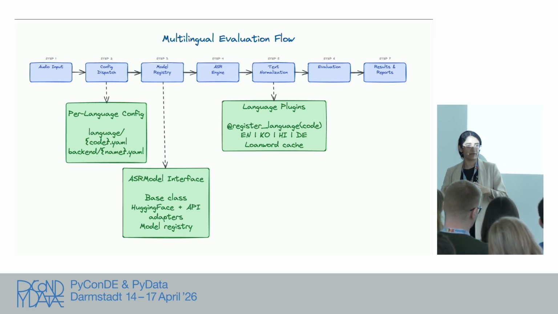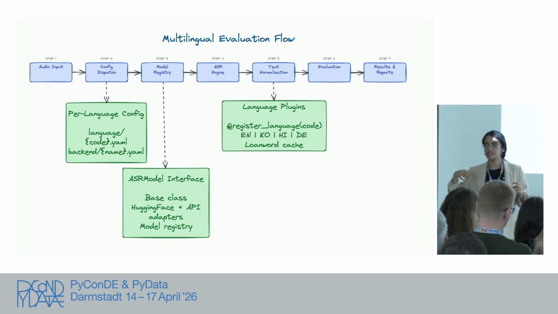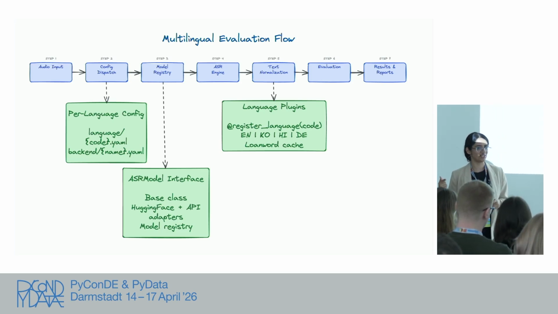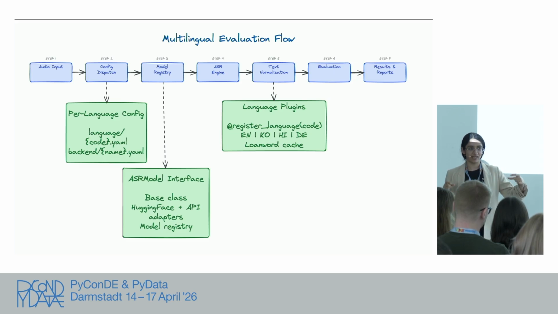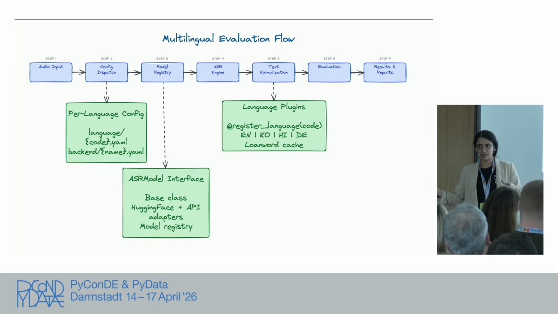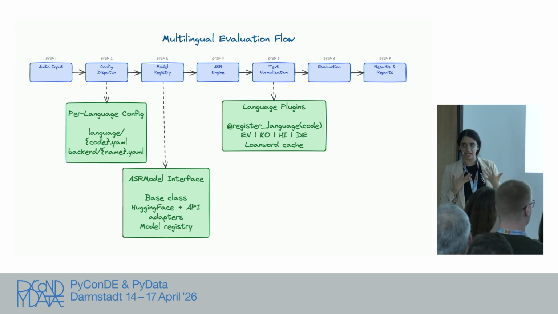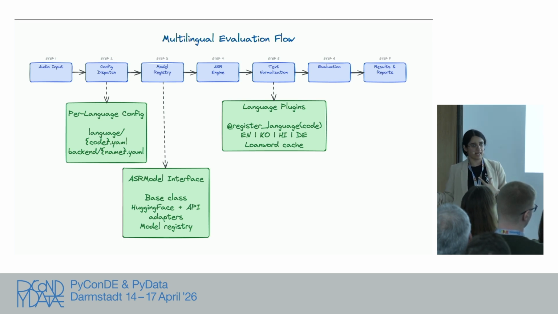So now I'm talking first in English, and now I started speaking in my own language. So the model needs to understand when the language switch happens so that the model does the context switching. And therefore, we need to register a language loanword cache, so that it does the pre-processing based upon a specific language.